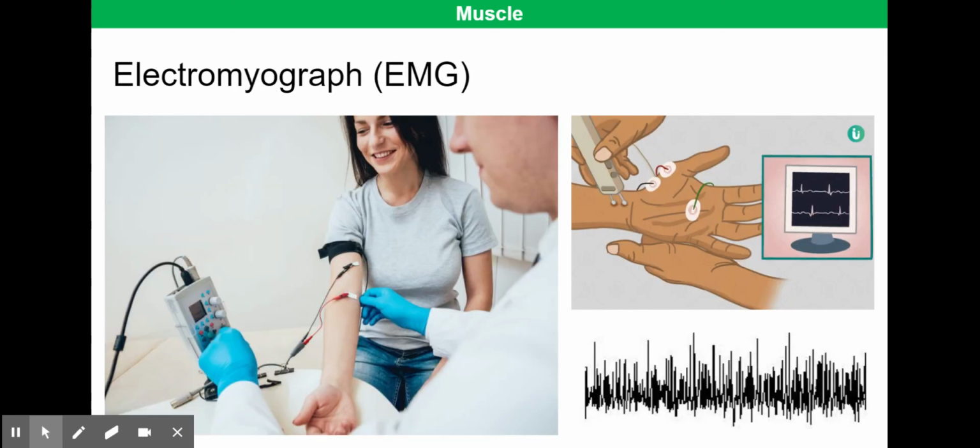The electrical activity of muscles can be investigated using an electromyograph. When a muscle is stimulated, the motor neuron creates action potentials in the muscle fibers. Electrodes applied to the surface of the skin detect the combined effects of these action potentials.